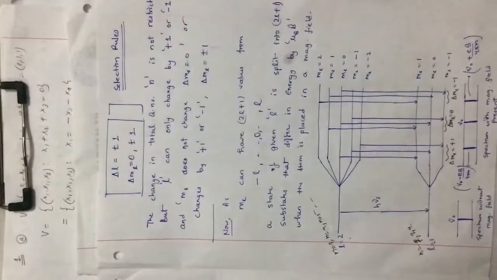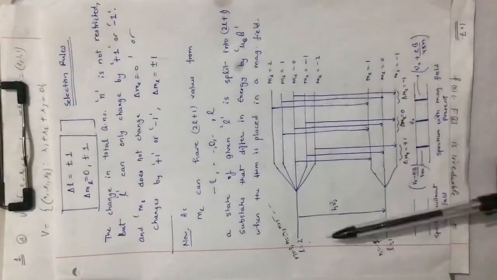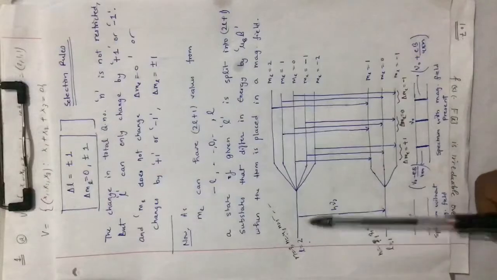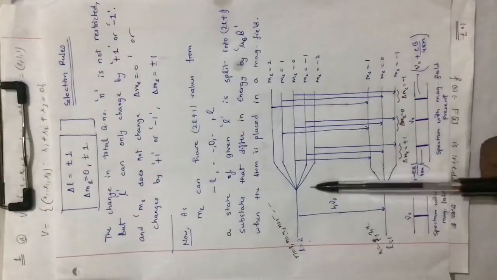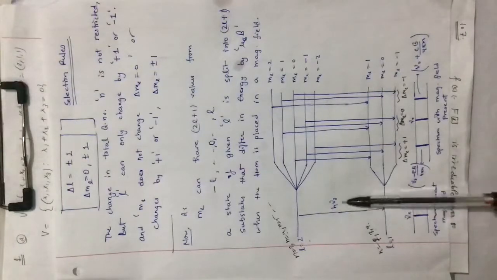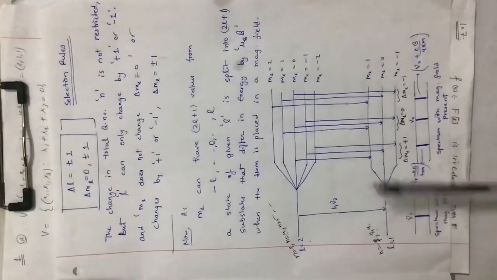This is also limited by this, right? So for L is equal to 2, for any principal quantum number, I am not bothering about the N number. Now for L is equal to 2 to L is equal to 1, there is a transition happening, H mu naught, okay? And mu naught is the characteristic frequency of that radiative transition.